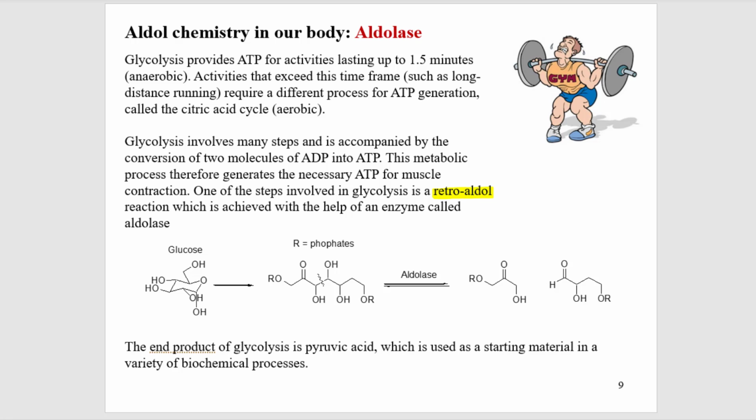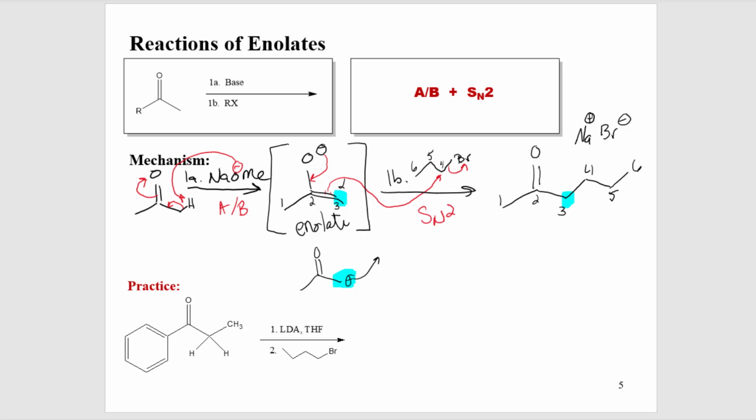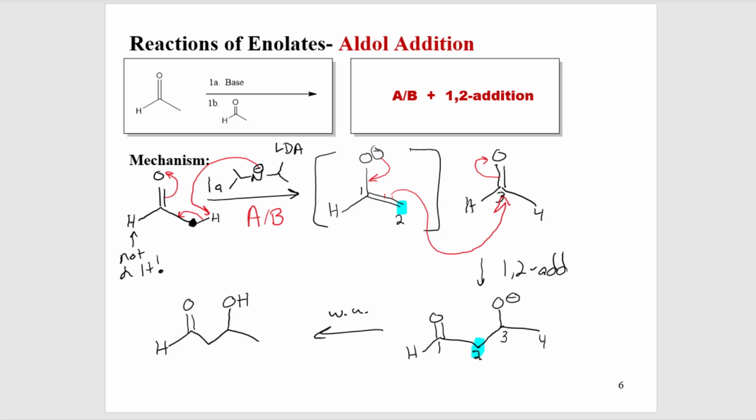If we go back and look at the aldol addition that we did, notice that we generated this carbonyl, CH2, carbon with an alcohol, right? This 1-3 relationship between a carbonyl and the alcohol.